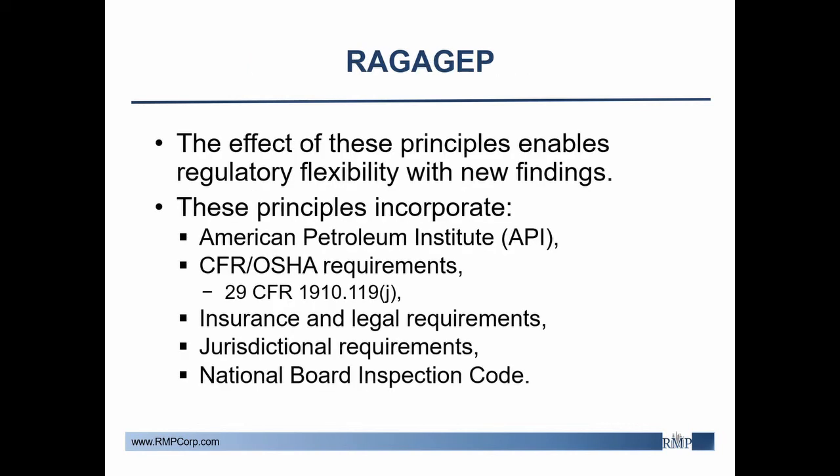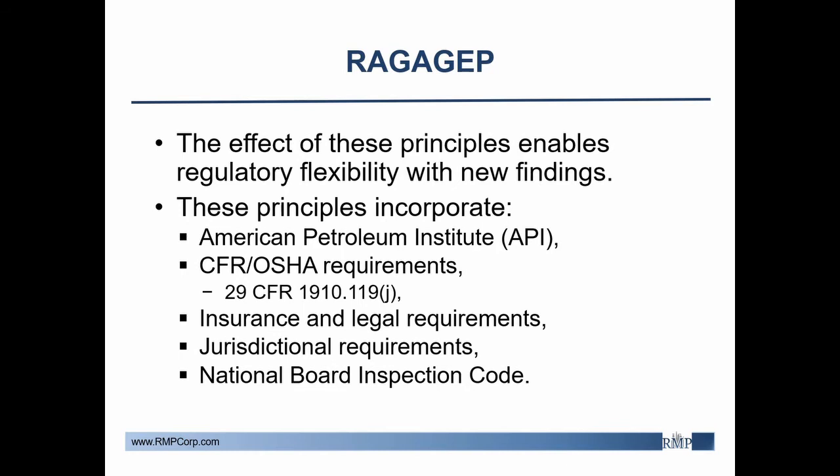This brings us to the next element of the NAC code, which states that inspection and testing shall follow recognized and generally accepted good engineering practices, or RAGAGEP, commonly said as RAGAGEP.